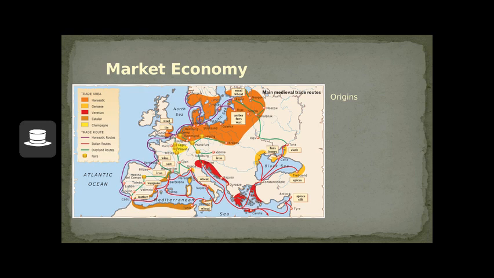All right. The East had all kinds of exotic goods and spices and teas and Persian rugs and silks and all those exotic things that people wanted, dreamed of.